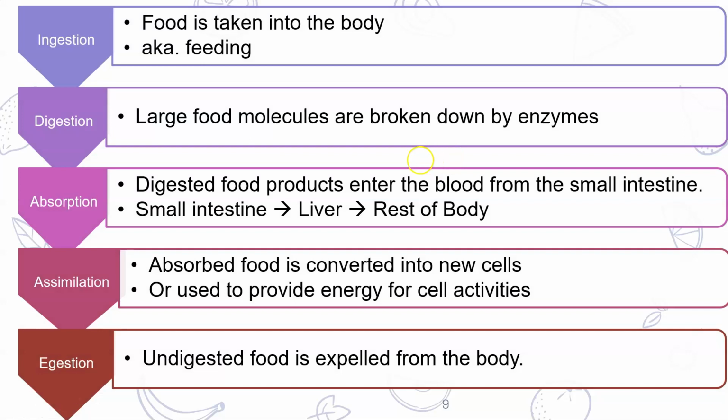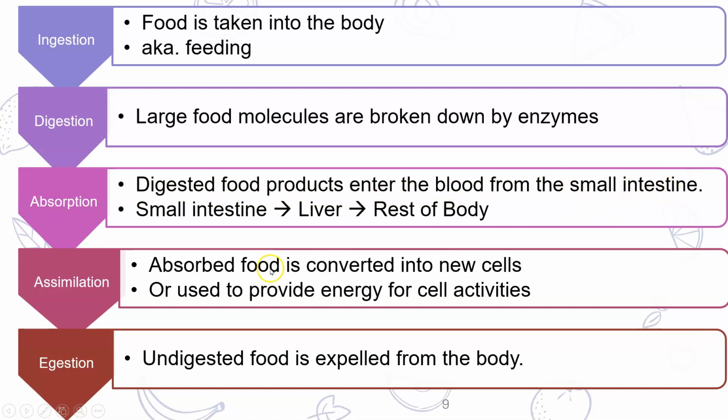Okay, let's just recap what we learned about the 5 keywords. Ingestion is food that is being taken into the body, which we commonly call feeding. Digestion means that the large food molecules are broken down by enzymes. Absorption means that the digested food products enter the blood from the small intestine.